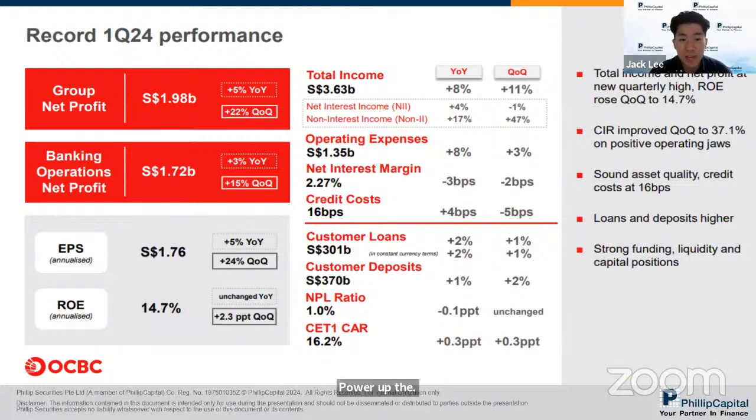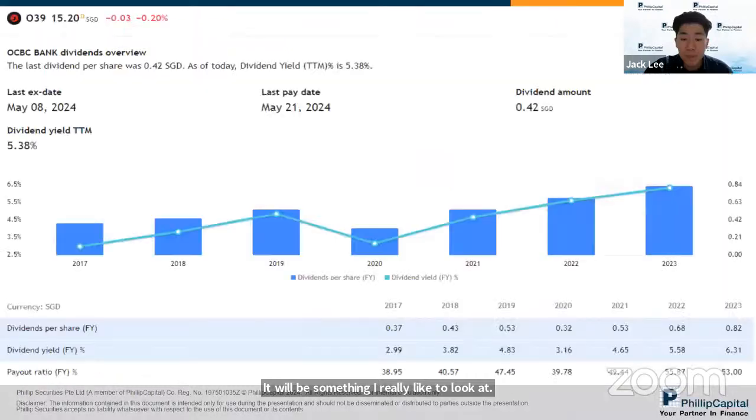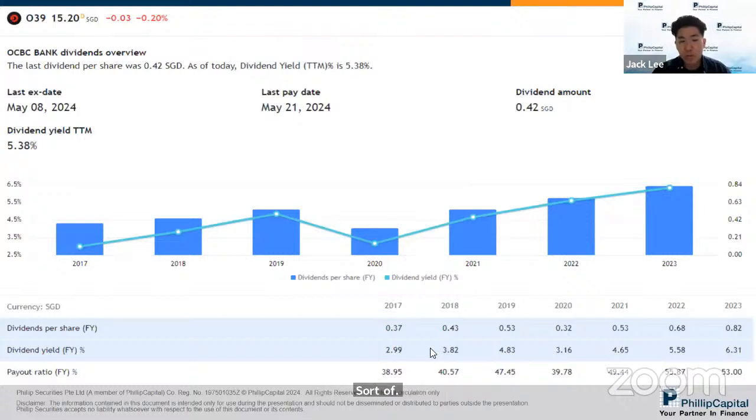If they have good wealth management and a good investment team, then it will be something I really like to look at, and I'm looking forward to it. On OCBC's dividend, all three banks have quite similar dividend payouts, we can say. The payout ratio is around 50%.